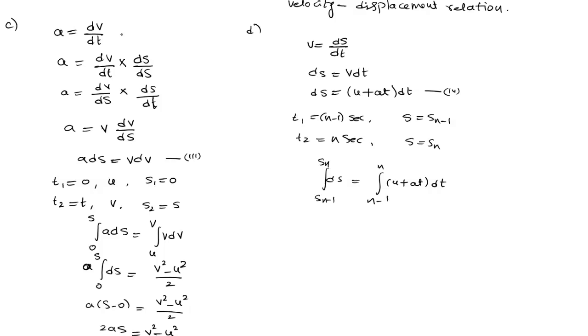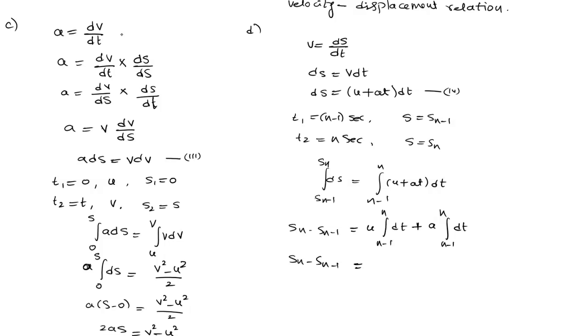So that is equal to s(n) minus s(n minus 1) is equal to, the u is common here, u into integral of 1 dt from n minus 1 to n, plus a, also common, integral of t dt from n minus 1 to n.